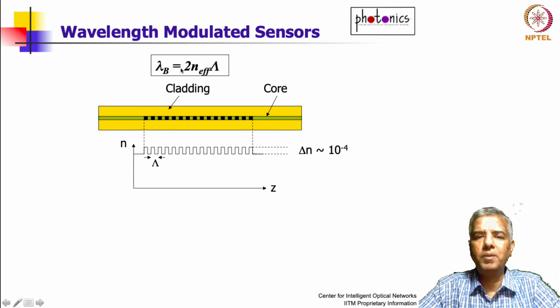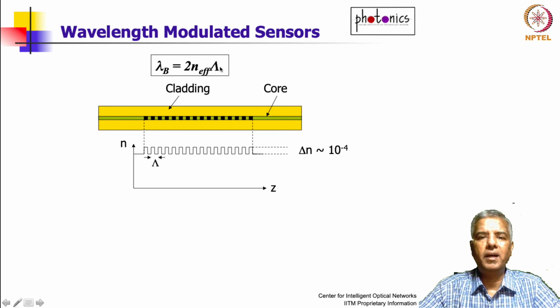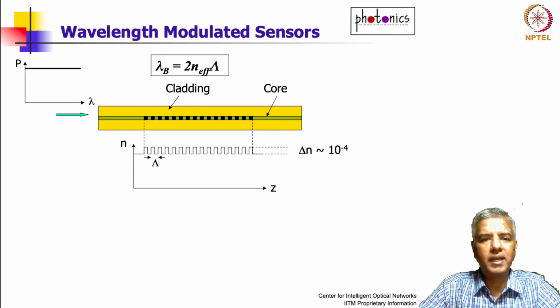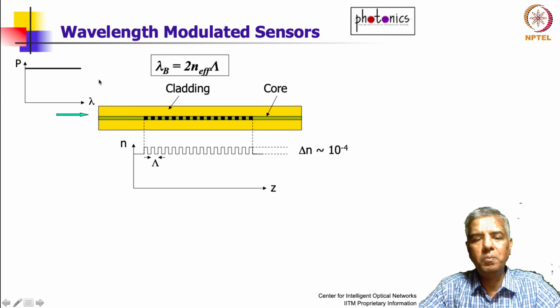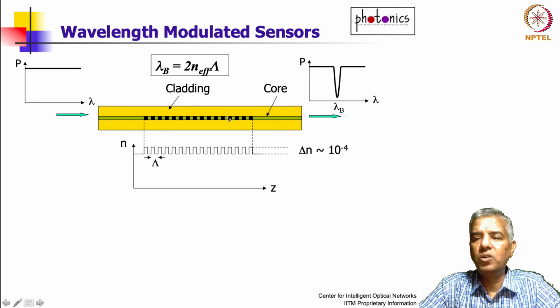Lambda b is given by 2 times n effective, which is the effective refractive index of the light that's propagating through this guide, multiplied by the period. So if you change the period, you can change the wavelength or the color at which it's reflected. Let's just see what exactly happens. You can put broadband light into this fiber Bragg grating, and then what you get at the output, you have one color missing.